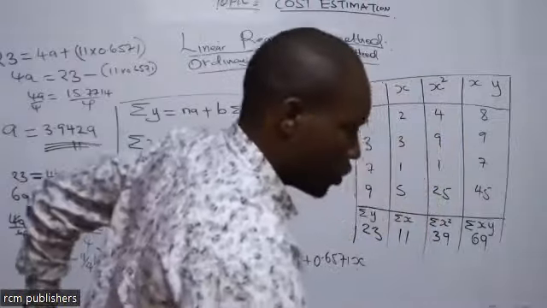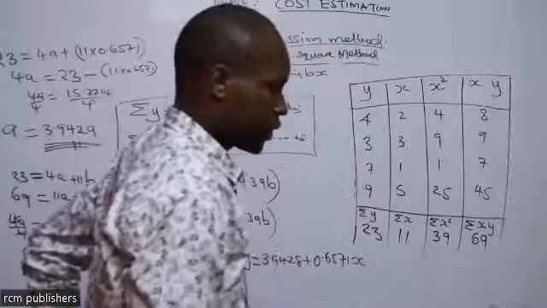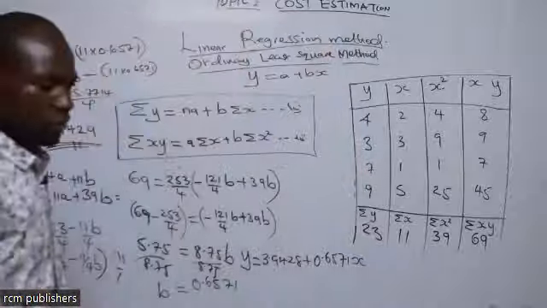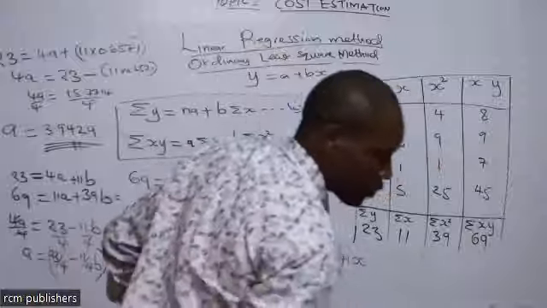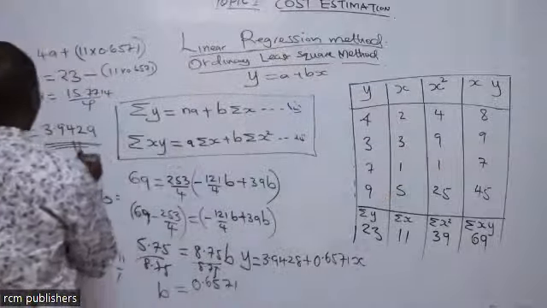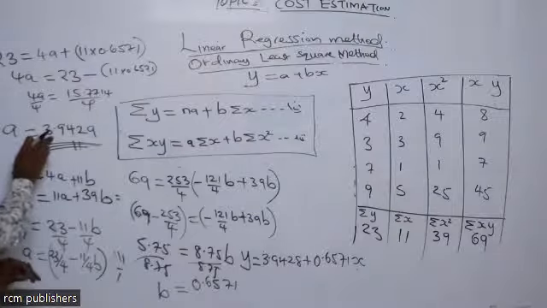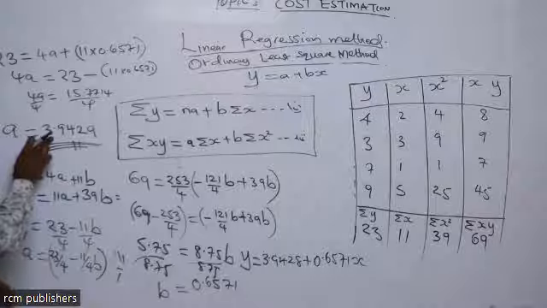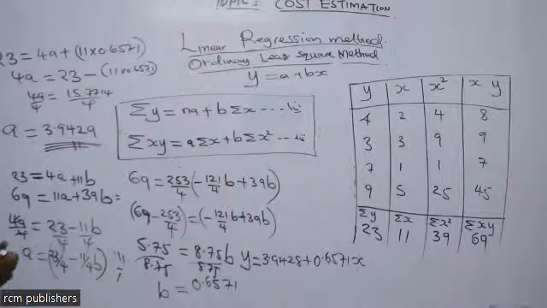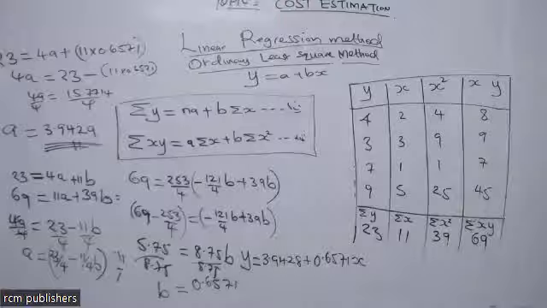Is that correct? Confirm that. So you are able to see that this one here is just as a result of rounding off, but we are able to see that we are arriving at the same answer.